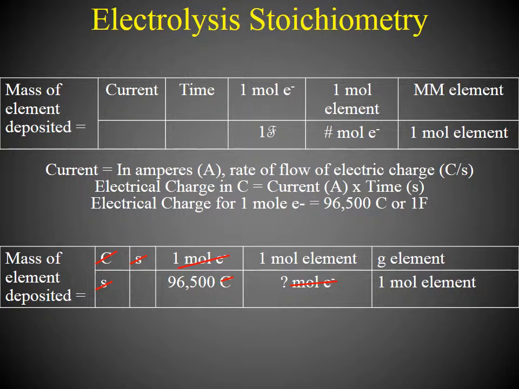Well, it's the same as the charge of copper 2. Okay, and then once I have moles of the element, well, that's easy. I can easily convert it to grams of the element. So here is how the units work out. Of course, if you are asked to figure out the current required, you're going to have to rework this dimensional analysis to give you what you want.